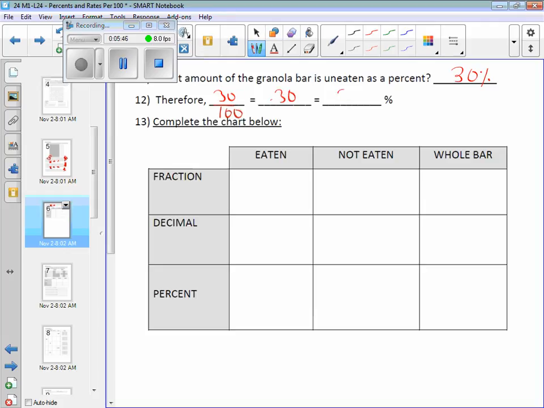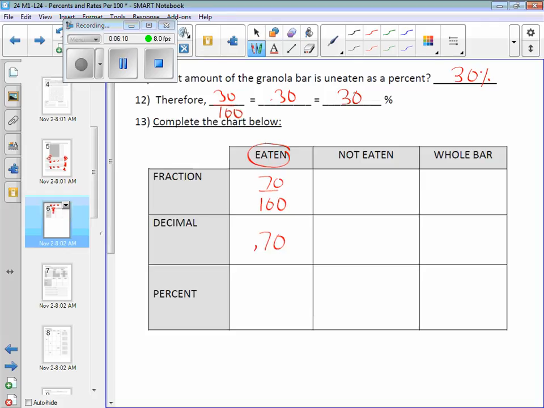And then this table is going to summarize everything in one visual model here. Eaten first. What was that fraction again? If you don't remember, you got to flip back. Which is equivalent to what as a decimal? It's equal to what as a percent? I can't hear you.